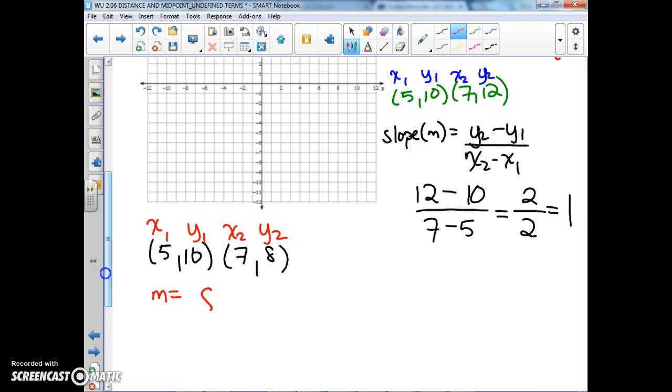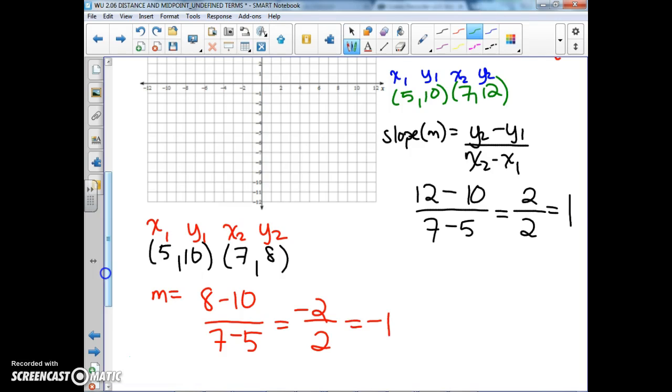Y2 is 8, so that's 8 minus 10. And y1 is 10, so that's where I get 10 from. And then x2 is 7 minus x1, which is 5, so 7 minus 5. 8 minus 10 is negative 2. 7 minus 5 is a positive 2. And when I simplify, I get negative 1.